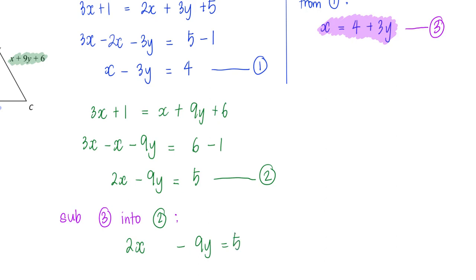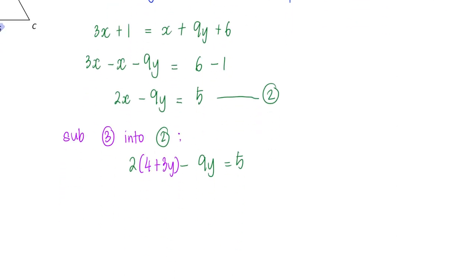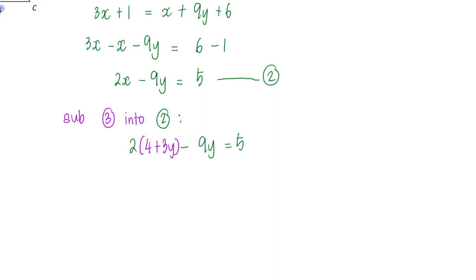But I now know my x is equal to 4 plus 3y. This means that my x here, I can rewrite and substitute as 4 plus 3y. Once I do that, I can proceed to solve this.